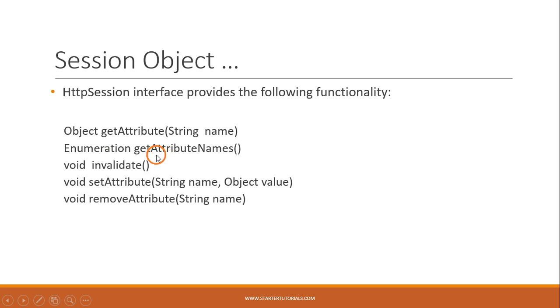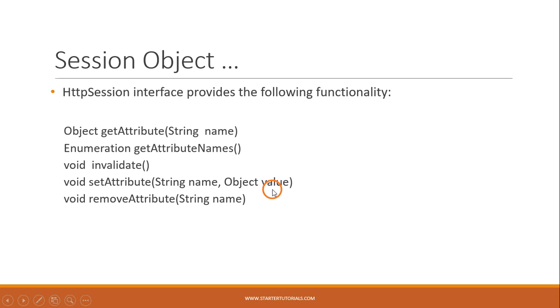If you want to retrieve all the attribute names, you can use getAttributeNames. If you want to close or delete the session, you can use invalidate. And if you want to store a particular value in the session, you use setAttribute, which takes two parameters: the name of the data item and the value of the data item.